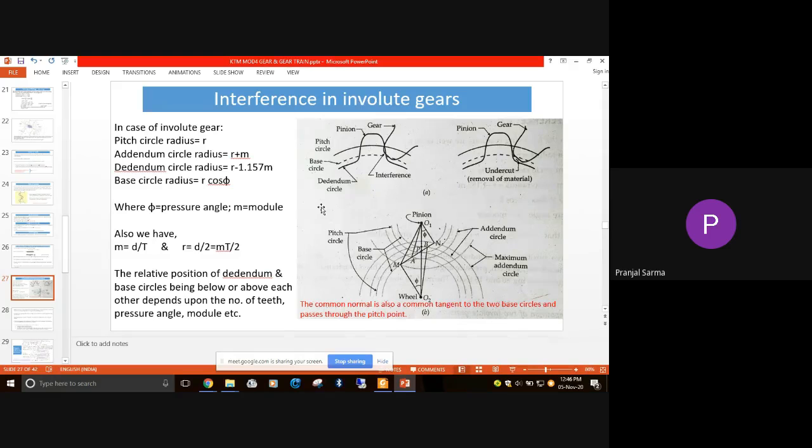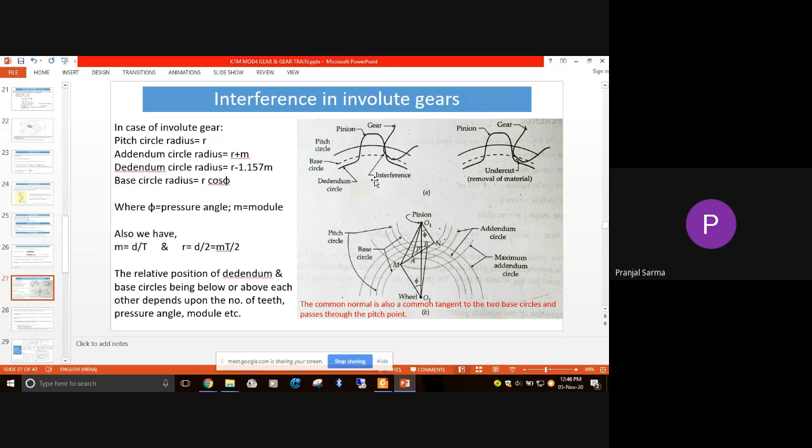For a gear with a standard module value and a standard pressure angle, if that gear has a very small number of teeth, then the addendum circle is smaller in diameter than the base circle. Just like in the first figure, you could see the addendum circle will lie below the base circle.